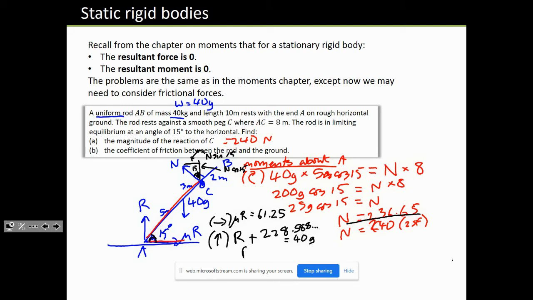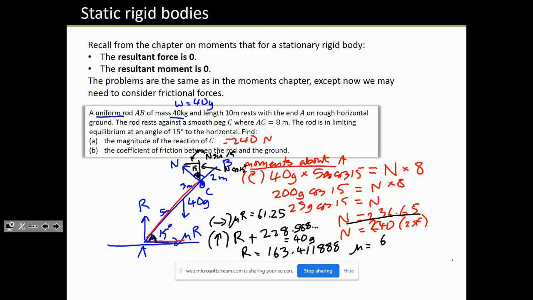So from that, I can calculate my value of R by doing 40 times 9.8 and taking away the 228 answer to give us 163.411888. Now you can see if I do my mu R divided by that value for R, I can get my value for mu.